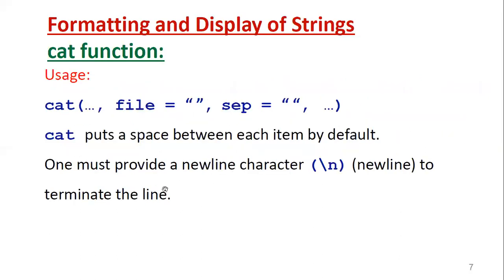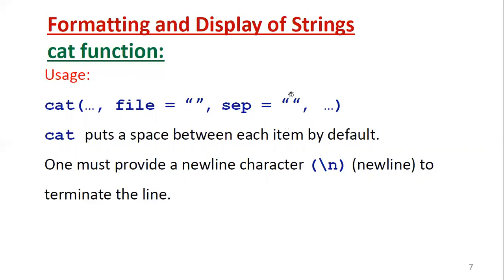Then coming to the usage or the syntax of the cat function. The cat function is basically defined by the command cat within parentheses. Multiple arguments are separated. The first argument is the data object, comma, file equal to, where you can mention whatever the data is. Then sep equal to, where you can mention which symbol you want the items separated by.